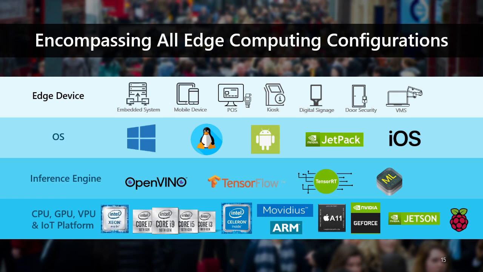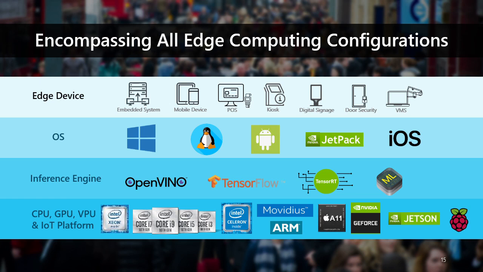And in terms of inference engine, the way to help your devices or chips better process AI computing, we support OpenVINO from Intel, TensorFlow, TensorRT from NVIDIA, and Core ML from Apple. And for CPU, GPU, VPU, and even IoT platforms, you can see here a wide range of different chipsets we support.